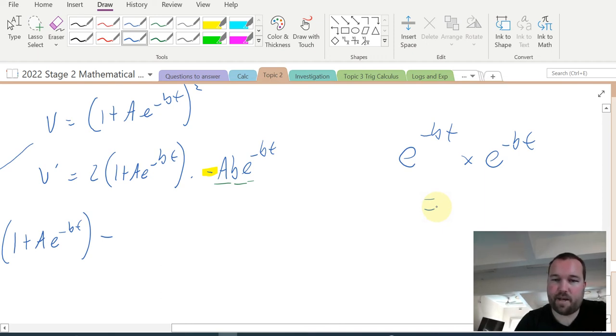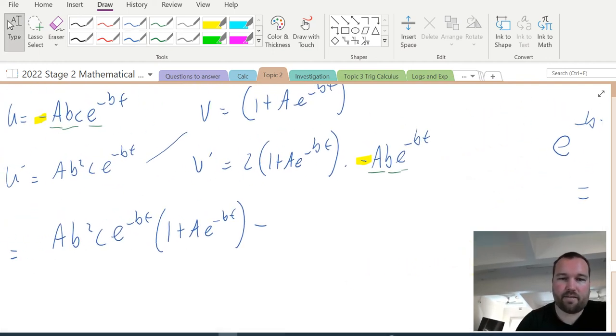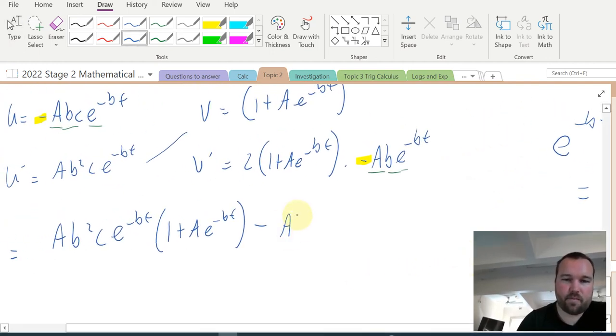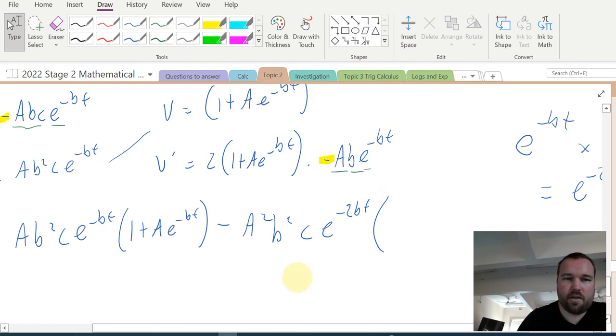So if you add these powers, you get e to the minus 2bt. So what we're going to have is minus a squared, b squared, c, because there's only one c, e to the minus 2bt, bracket, that 2 should go down here, 1 plus ae to the minus bt, close bracket.